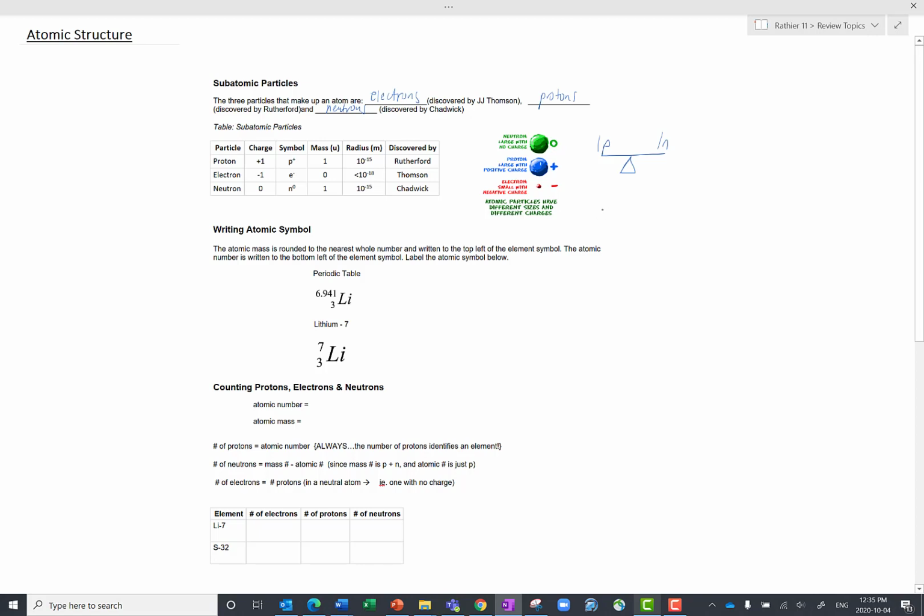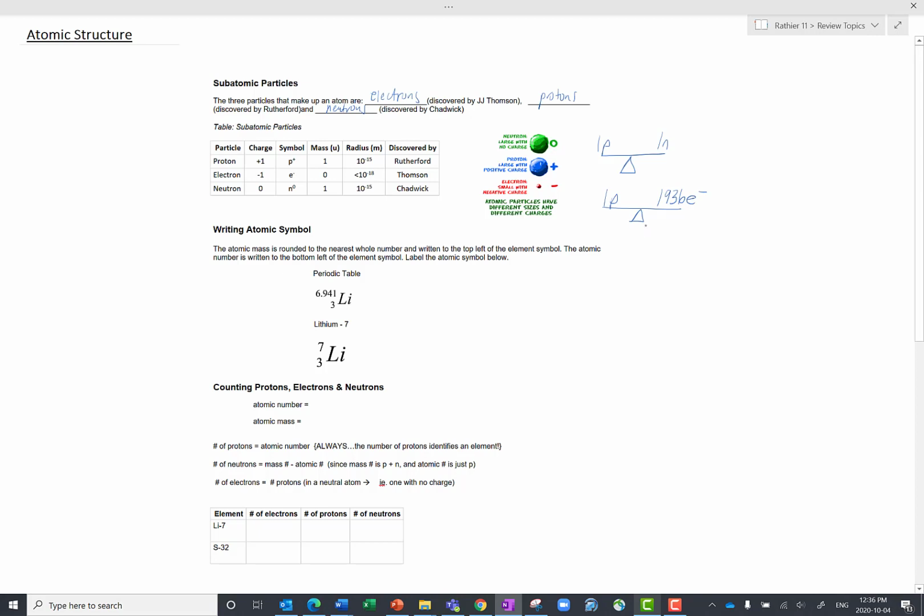When I think about electrons, their relative mass is 0. Now that does not mean that they don't have a mass at all. It's just that their mass is so small relative to the proton and the neutron. So if I have 1 proton on the side of my scale here, in order to make this balanced, thinking about this like a little teeter-totter, we would need to place 1,936 electrons on the other side.